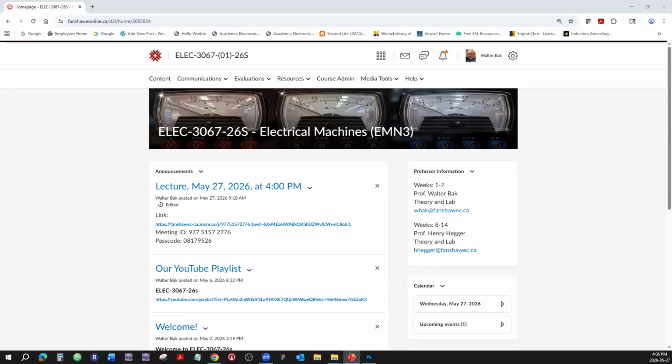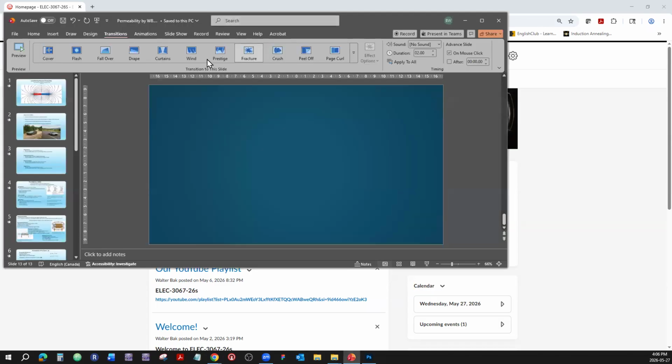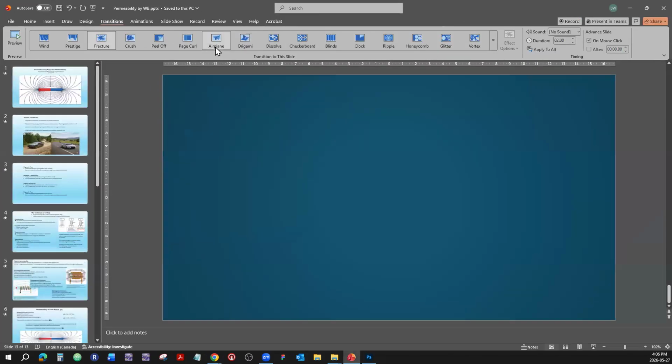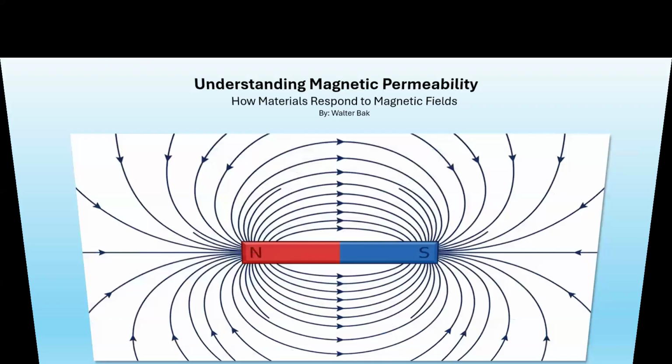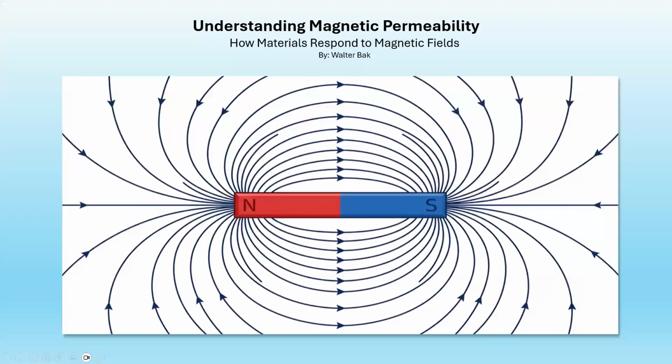All right, here is the topic: understanding magnetic permeability. How materials respond to magnetic fields.